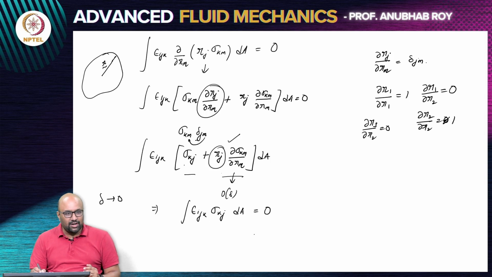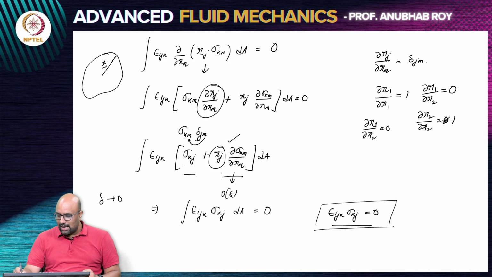So if this is true for any shape that you are looking for that infinitesimal volume, that means this identity or this relation should be true for the integrand. The integrand should be 0. The integral is 0 irrespective of the domain of integration or the surface area of integration, which means that the integrand should be 0. So now you see epsilon_ijk sigma_kj is equal to 0.